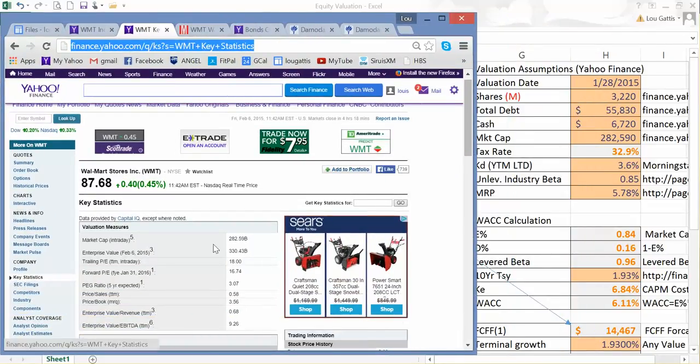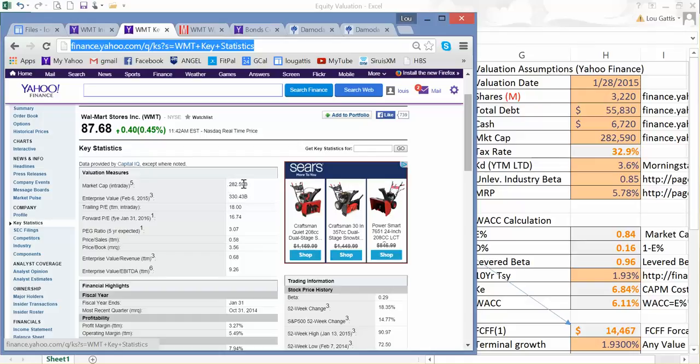I'm going to pick up their market cap, $282 billion. Now be careful, data is in billions here. Try not to mix up millions, billions and thousands, so I try to make this spreadsheet all in millions. So they have a market cap, the total value of their stock, of $282 billion. I'll put that there.